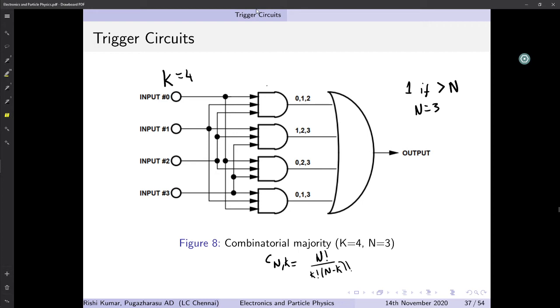Thus, when you increase k and n, you make the number of required AND gates too big for a practical implementation. For example, if you put k equal to 10 and n equal to 6, you'll require 210 AND ports. That's just nuts.